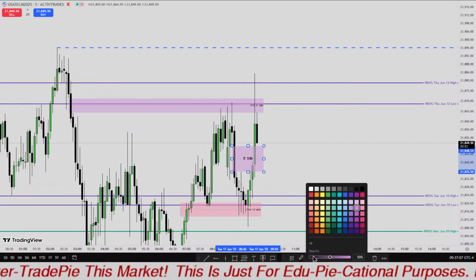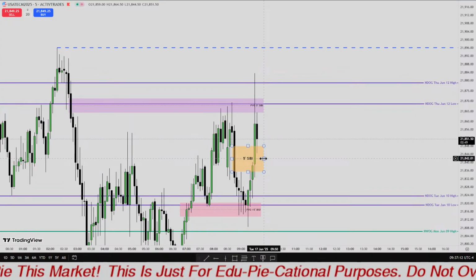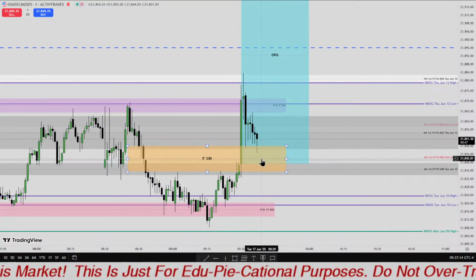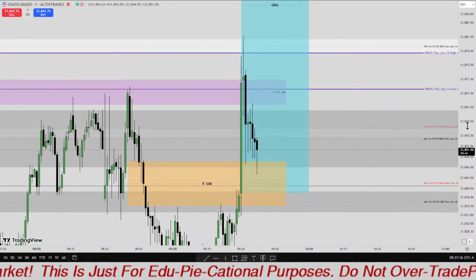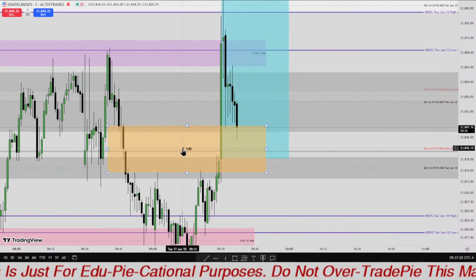Consider this as a kind of inversion fair value gap. Dropping back to the 1-minute chart, we see we had a very nice tap into this 5-minute CB.